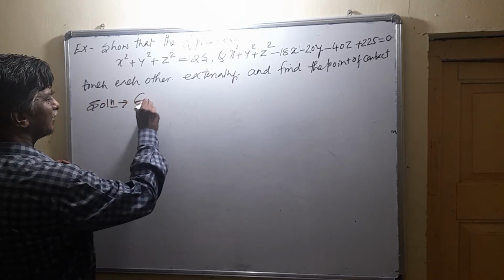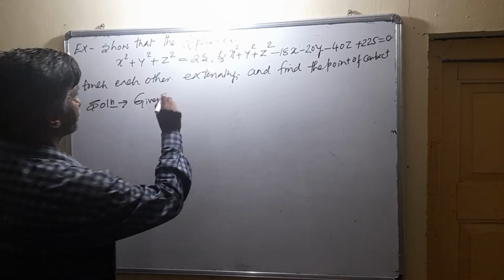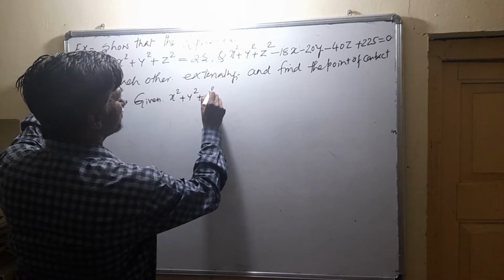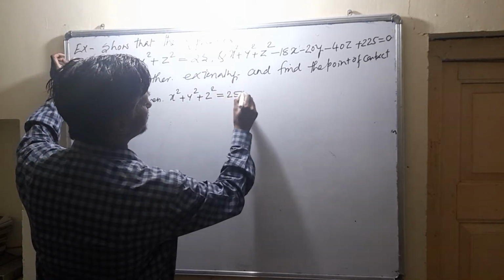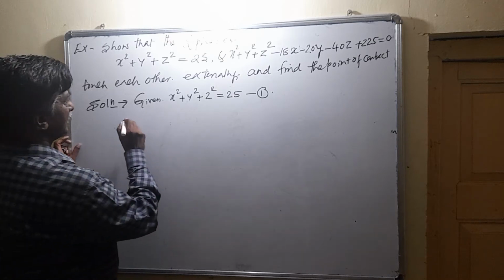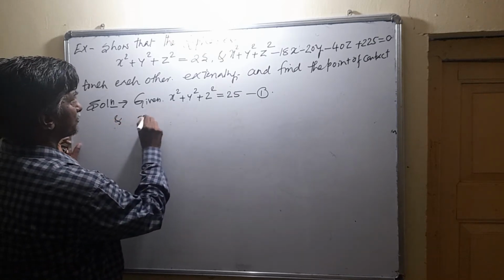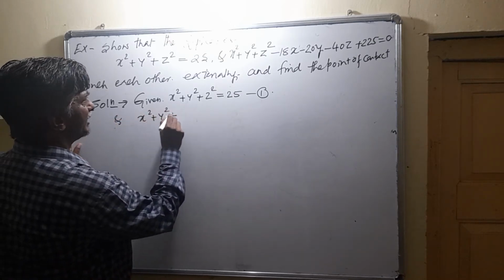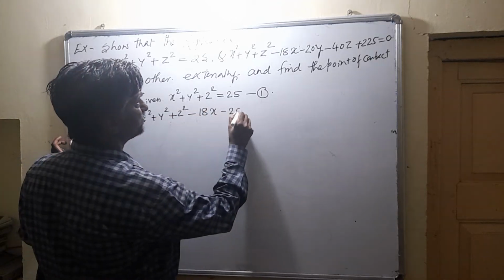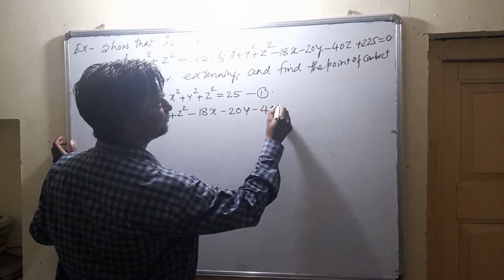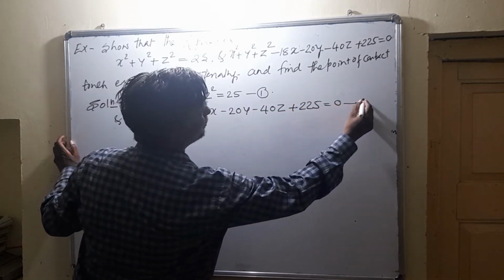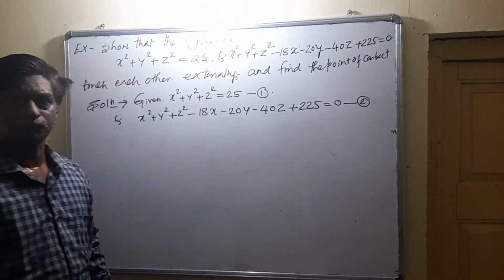Given x square plus y square plus z square equal to 25. Call it as 1. And x square plus y square plus z square minus 18x minus 24y minus 40z plus 225 equal to 0. Call it as 2. Clear?